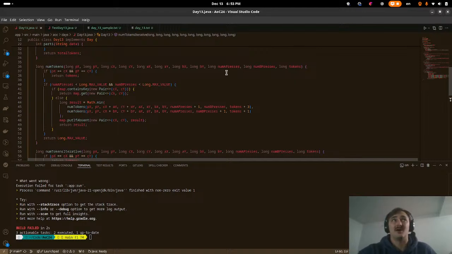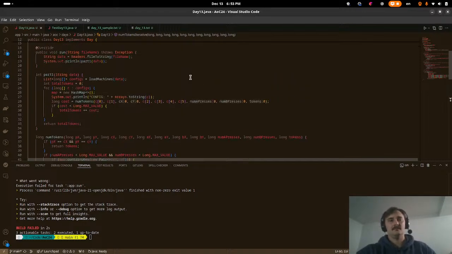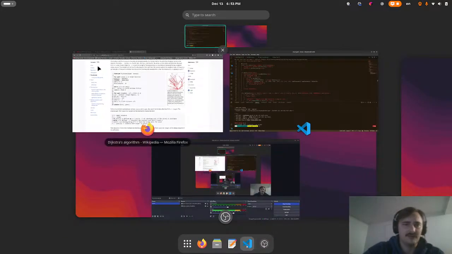I think Long.MAX_VALUE. And that would give me a graph. Dang, this one's kind of hard. I don't know exactly what I should do.